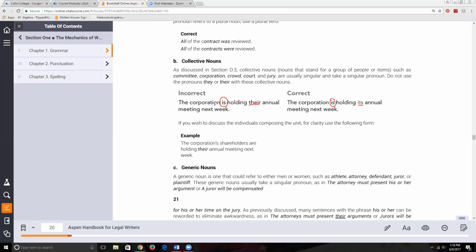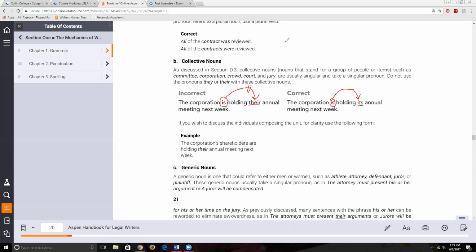So because the definite third person pronoun that we use has to match the antecedent noun in terms of number, I don't have a choice. I have to use he, she, it, or some version of that. I can't use them, they, their. That's not going to work.